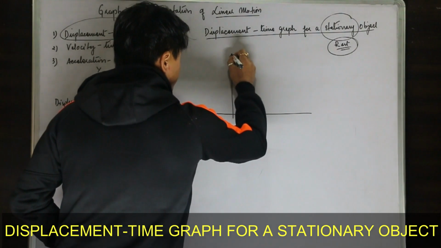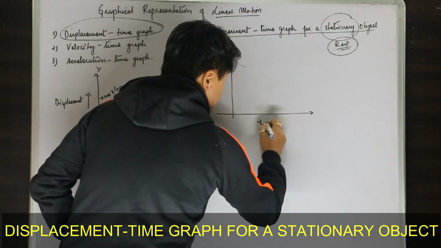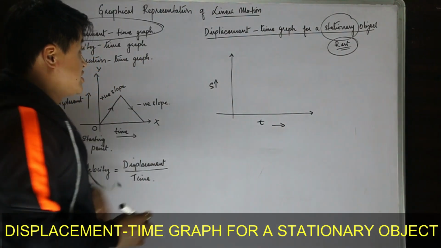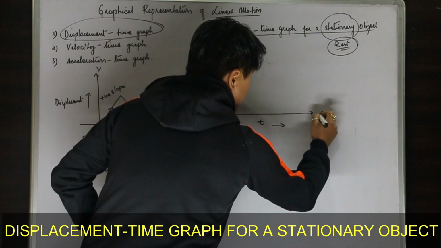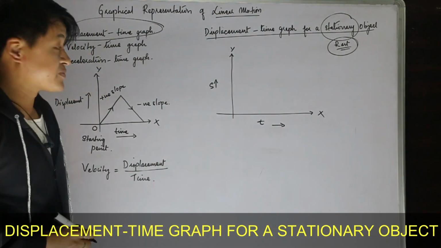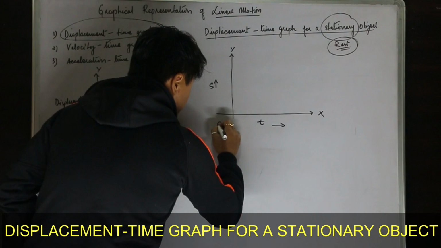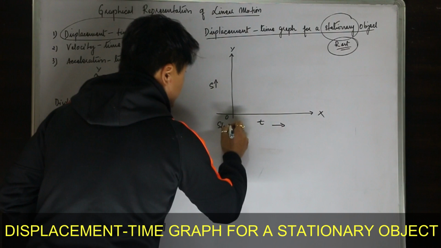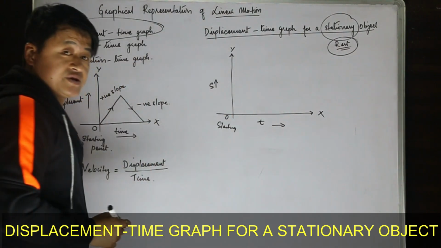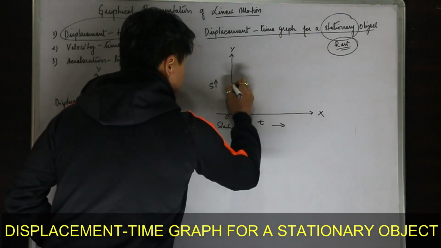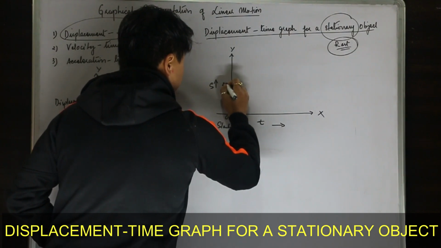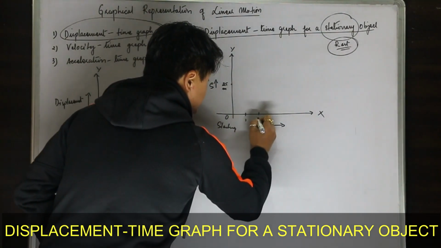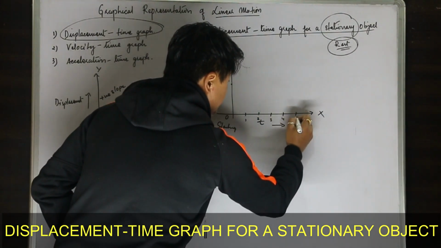If this represents the time and this represents the displacement, see here the y axis represents displacement and the x axis represents time. If this is the starting point O, at this point both displacement and time are 0. Initially we keep the object here at position 25 meters, and we see the time: 1 second, 2 second, 3 second, 4 second, 5 second.